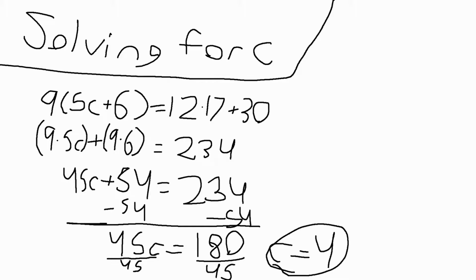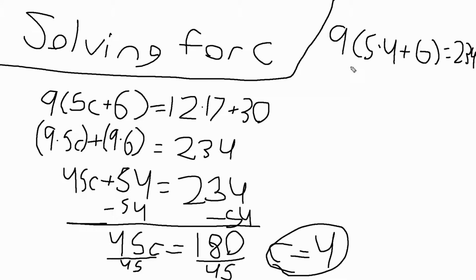Alright guys, and now we are going to be checking our answers. So we will do 9 parentheses 5 times 4 plus 6 equals 234. We already know it's 234, so we do not need to put this equation.